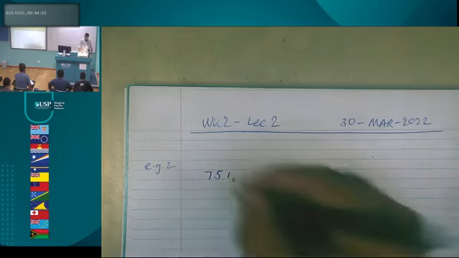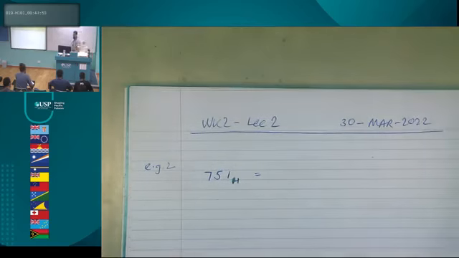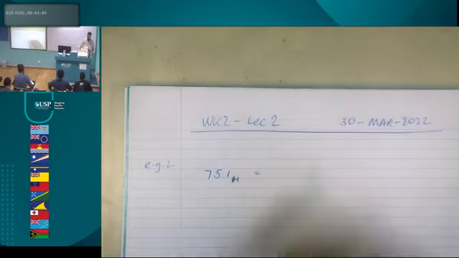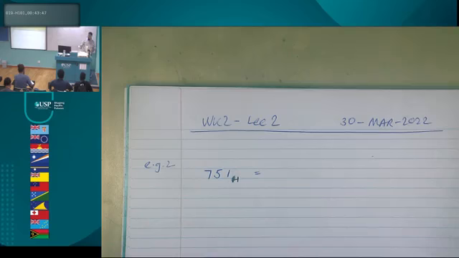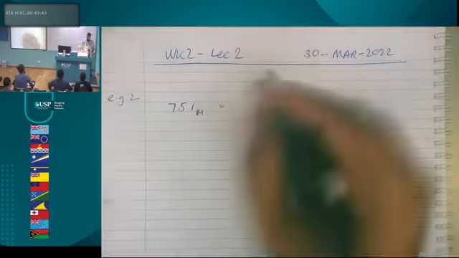The first thing we've got to do is convert 751 base 16 into decimal, right? And then from there we've got to go into binary. For now. Soon I'll show you a faster method. For those of you who did the tutorial yesterday, you would have an idea.